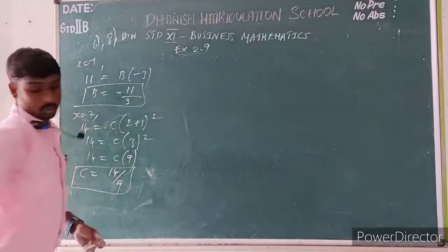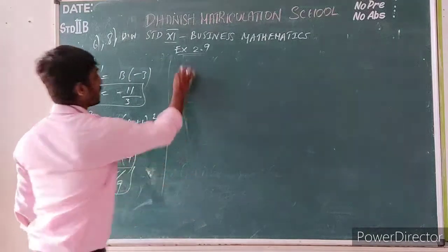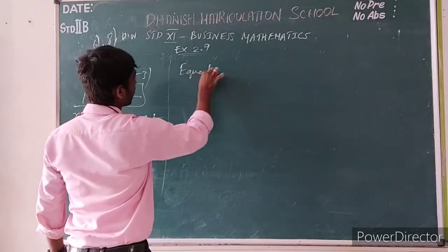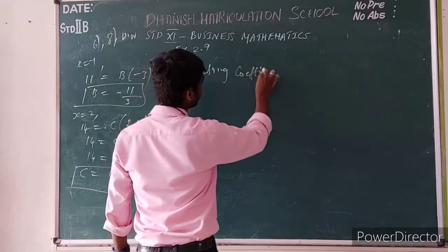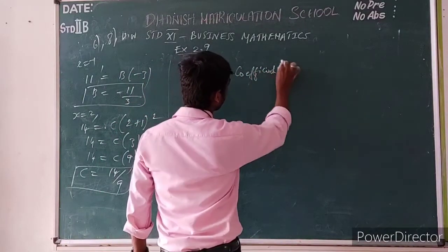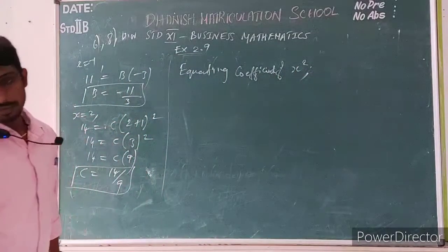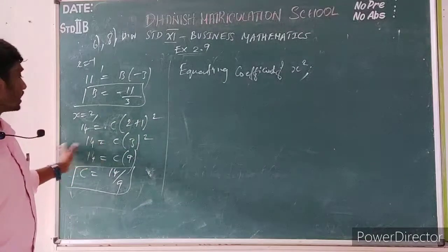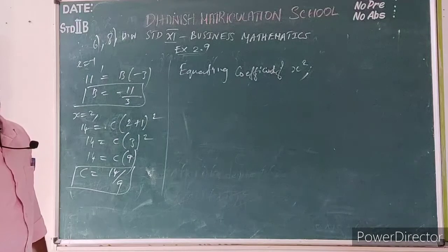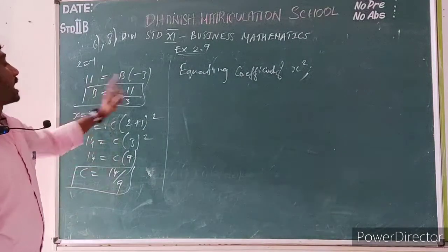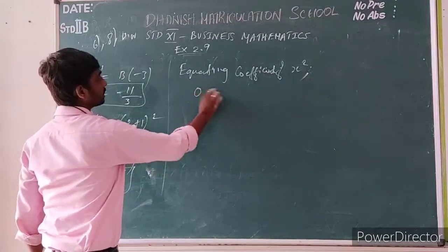Now we are using the coefficient of x square format. What is the format? Equating coefficient of x square, because we have only square values. What is the x square format here? On the LHS side, x plus 12 is the answer, and we don't have x square, so the coefficient of x square you have to write as 0.